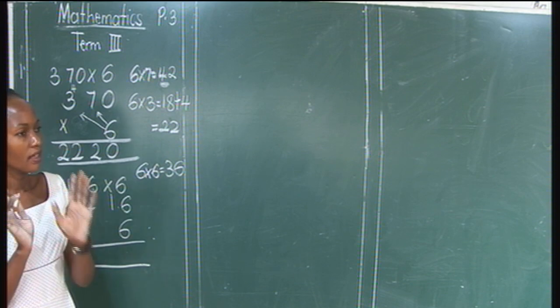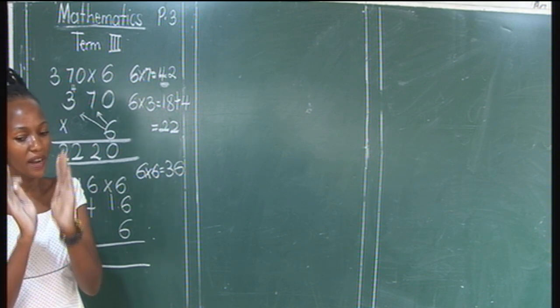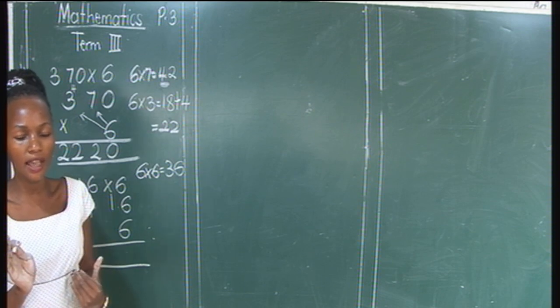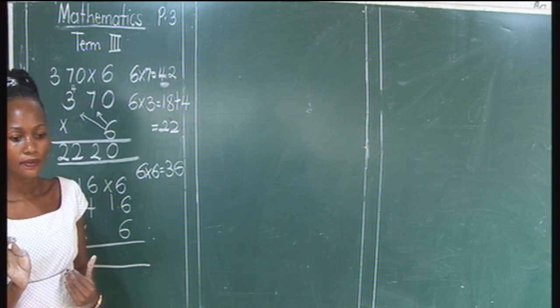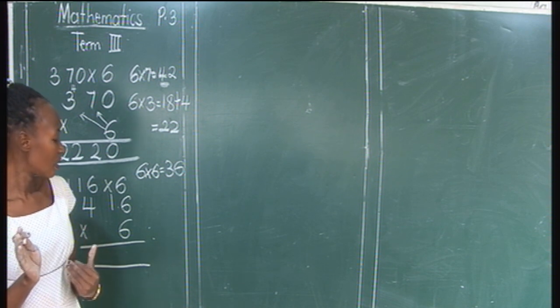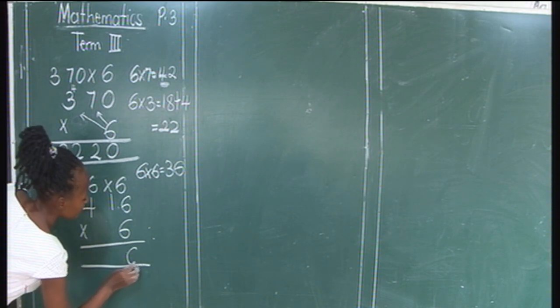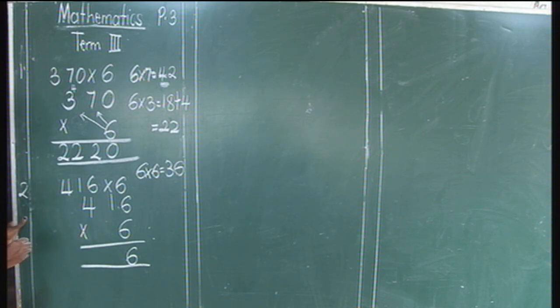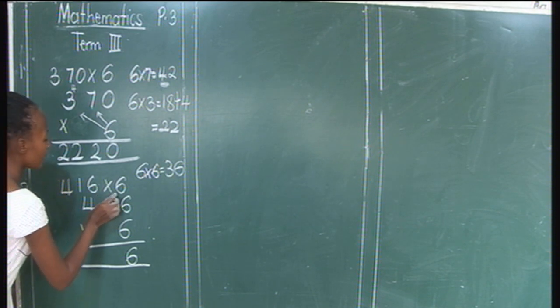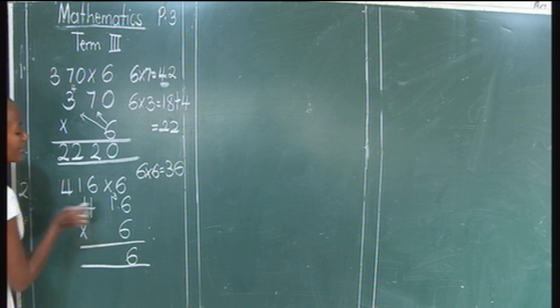First, put 6 down. You put 6 in the answer. I write 6. I carry 3. Alright, thank you. Then we come to the next place value.